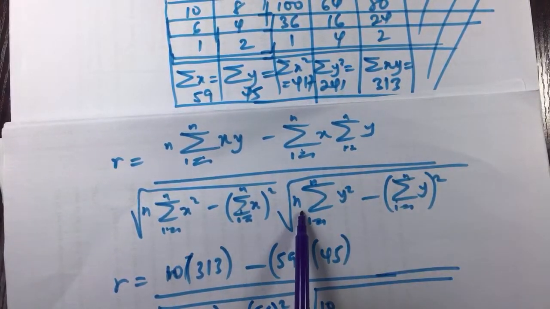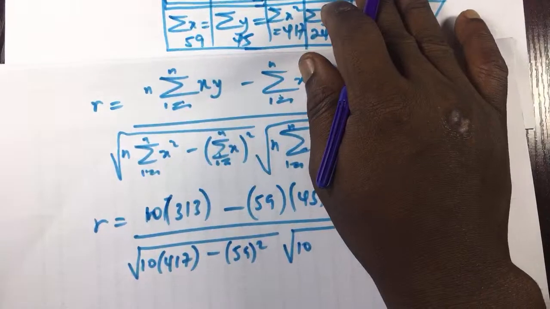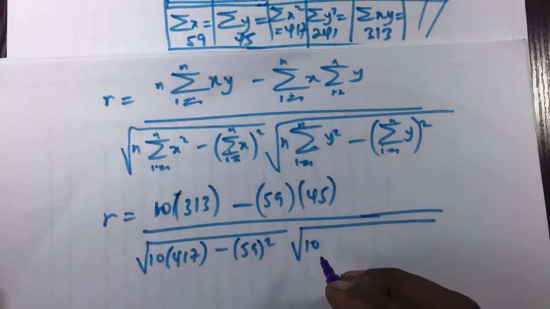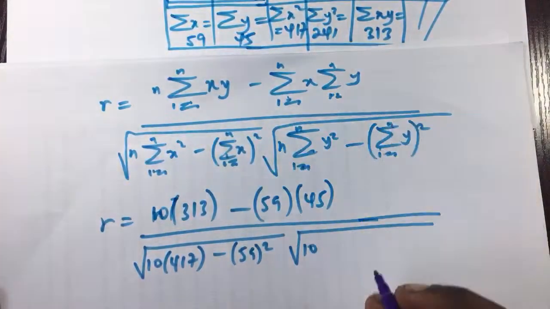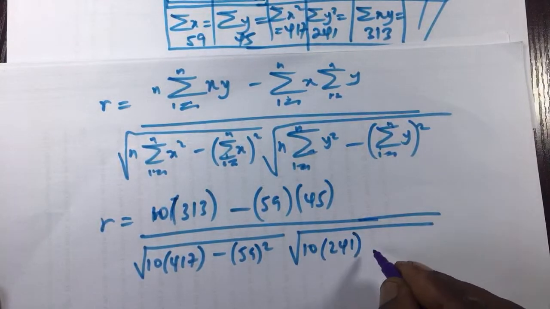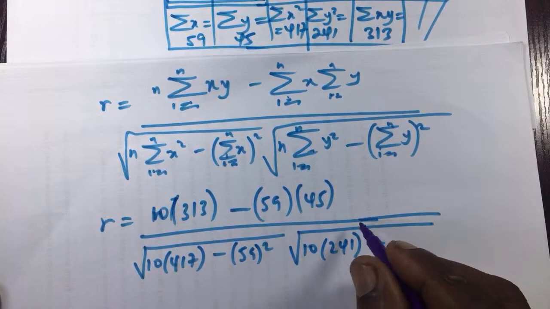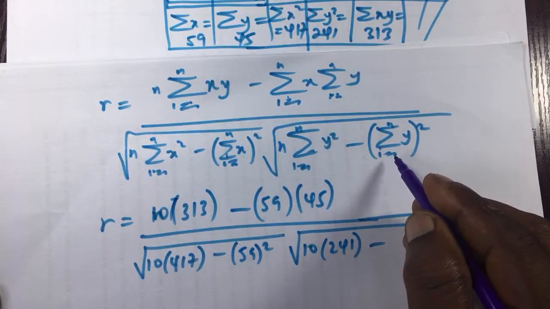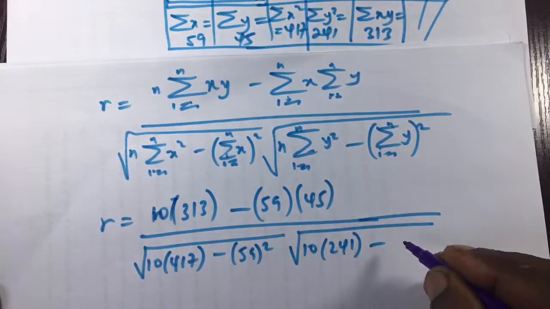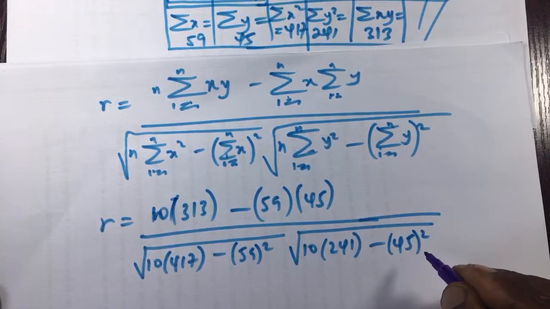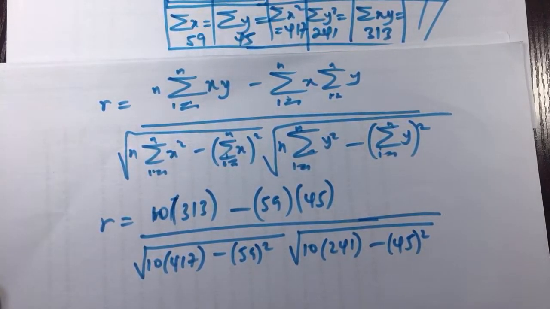Now, we obtained summation y squared to be 241. So I'm going to put 241 here. Minus summation y all squared. Summation y, we got it to be 45. So this will be 45 all squared. Okay, so the next thing after this is simplification.